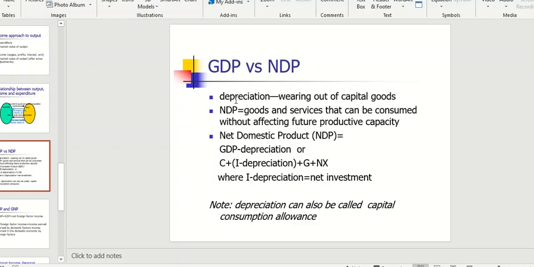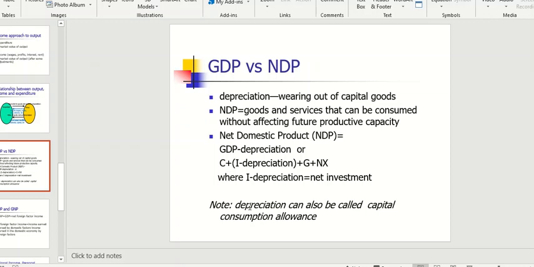Or to buy new equipment, to buy new computers, to build new facilities in order to stay competitive. So that means of this $1 billion, some amount of money has to be put aside to maintain the existing productive capacity. And that amount of money, in accounting, a lot of you are familiar with the term depreciation. So that refers to the wearing out of capital goods.